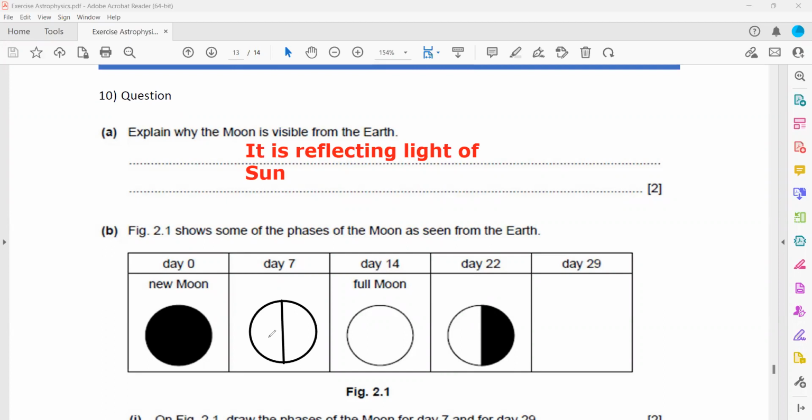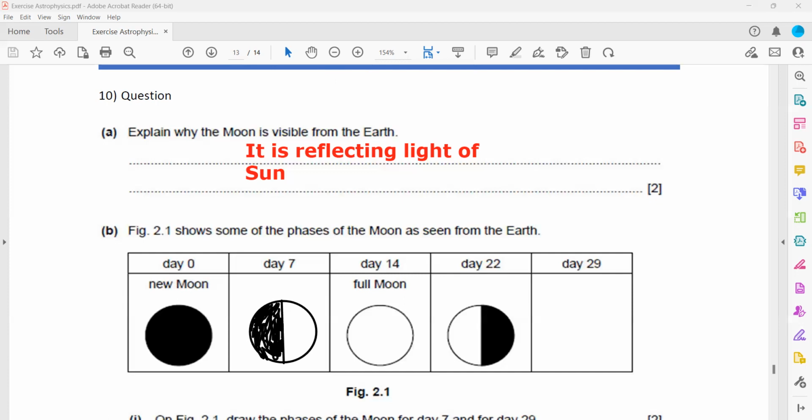So it should be like this. This part, the first quarter, is there. And then again after 28 days there will be a representation. First there is no moon and then a new moon will be there.